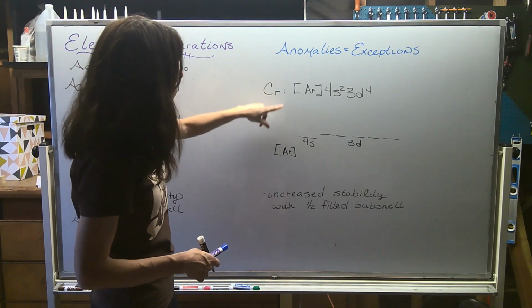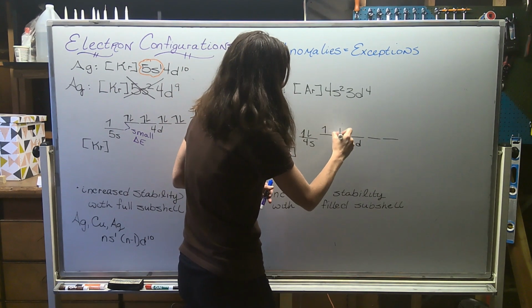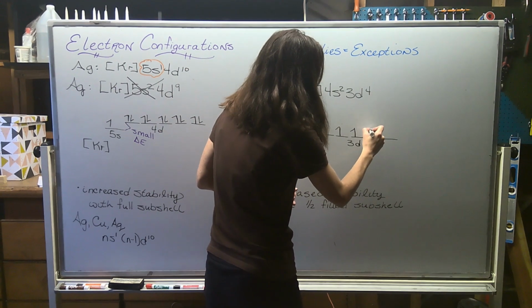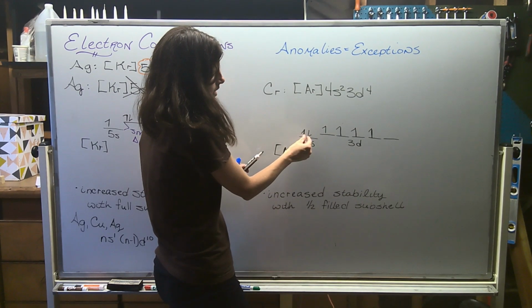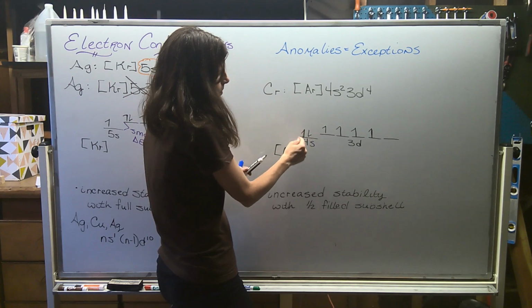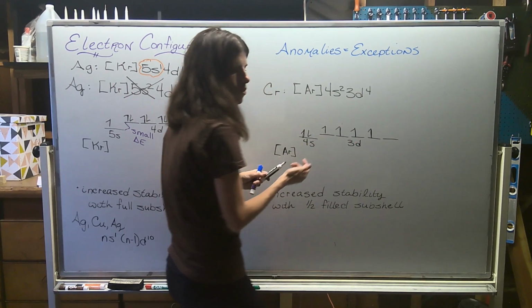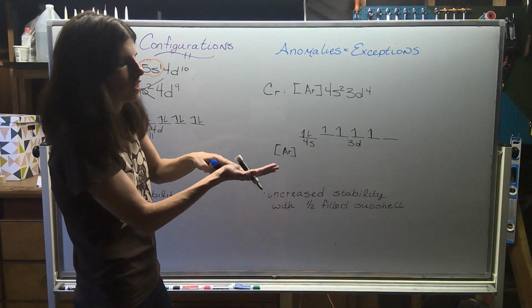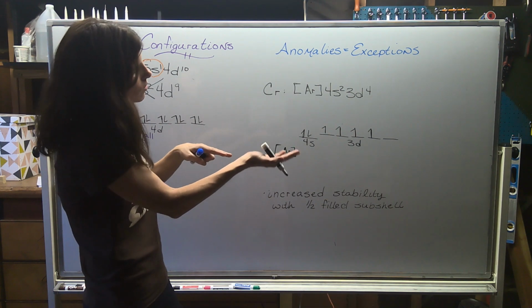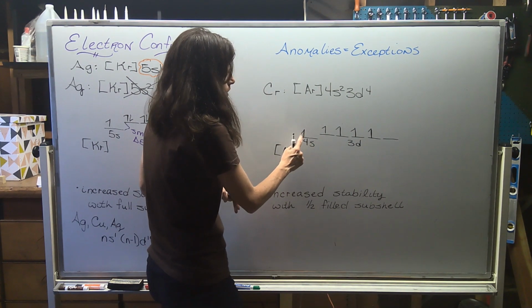So we see that there's 2 electrons in the same orbital, and then there's a whole bunch of singles, and then there's an empty orbital. So it's almost like the 4s and the 3d are a single subshell, and we just fill singly going across.